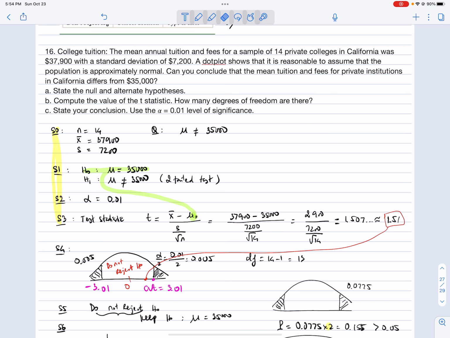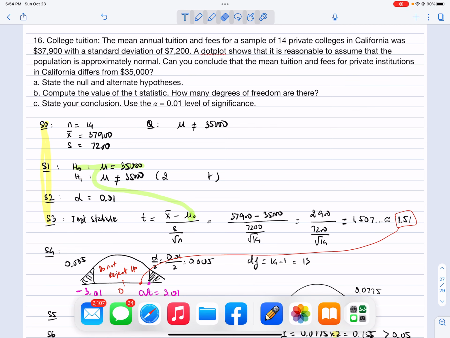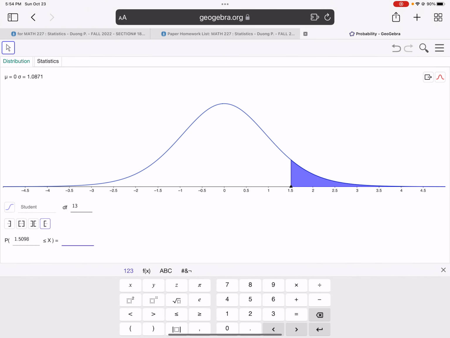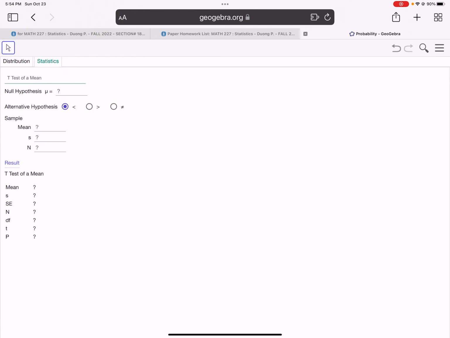So now let's do this problem using the GeoGebra. The GeoGebra is much similar. We just input the information and we will get the answer right away. So you will use the t-test of a mean.